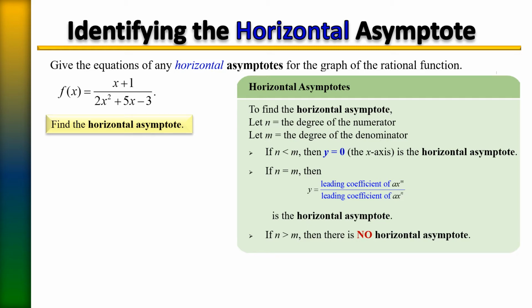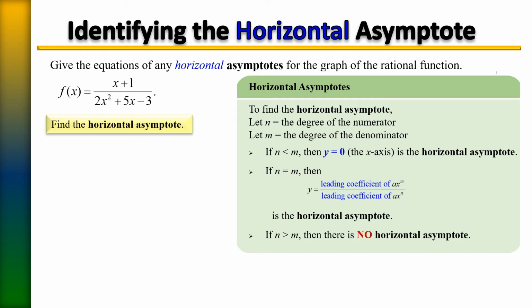Now, if n is equal to m, in other words, if the degree of the numerator is the same as the degree of the denominator, then you're going to divide the leading coefficient of the top by the leading coefficient of the bottom, and that will give you your horizontal asymptote.